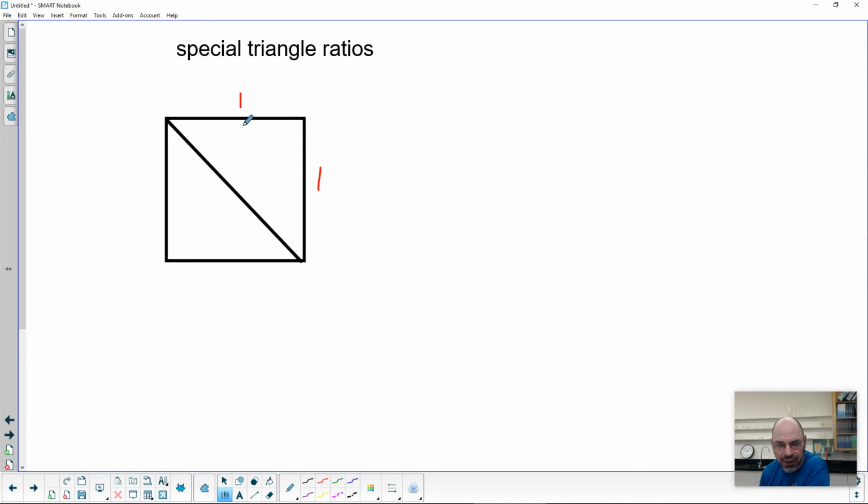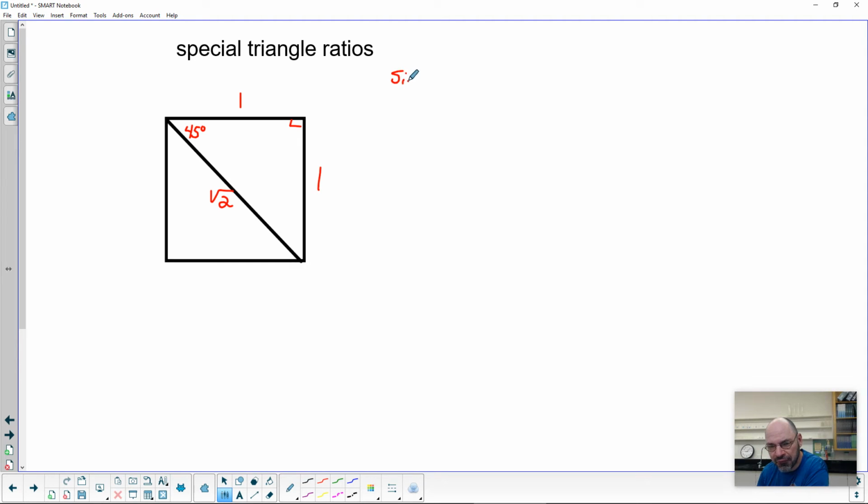Well, we know from Pythagorean theorem, if this is a right angle, this would be 1 squared plus 1 squared equals c squared. So 1 squared is 1, 1 squared is 1, 1 plus 1 is 2. 2 equals c squared, square root of 2 equals this. Okay, and if this is 45 degrees, and so is this one, we can come up with the ratios.